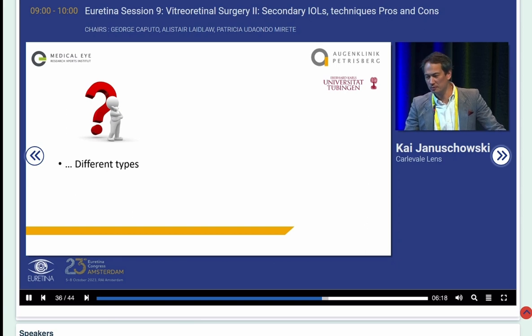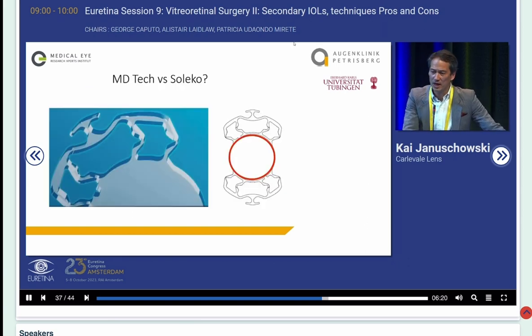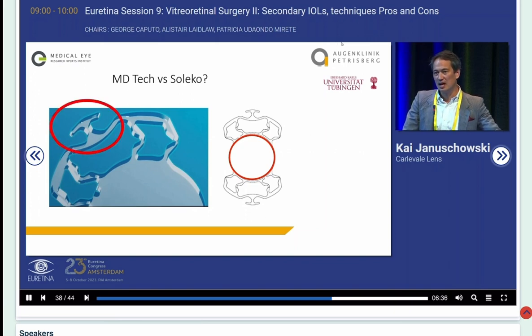Now, let's talk about the two different types of Carlevale lens that we have, because it's very important. So you've got the Soleco one that is hydrophilic, and then you've got the MDTEC one that is hydrophobic or has a hydrophobic coating. Now, why is that important? I think it's very important that we only use the hydrophobic lens, because hydrophilic lenses are known to cause opacification.